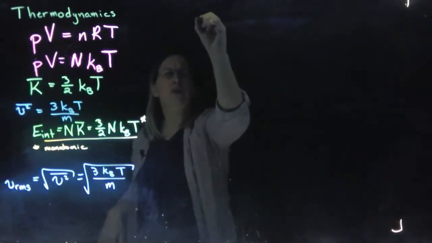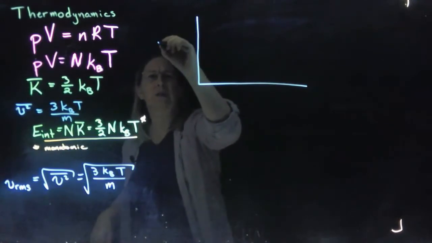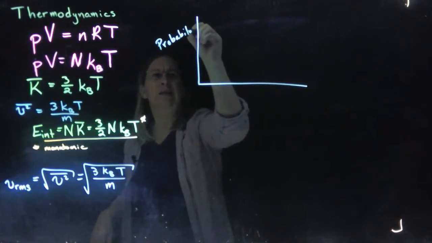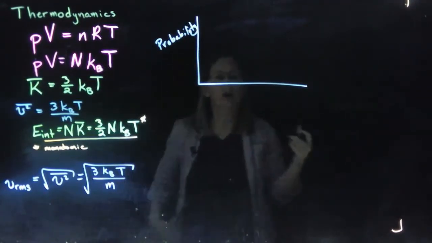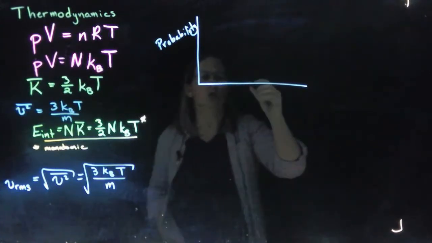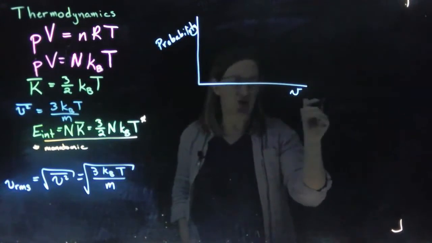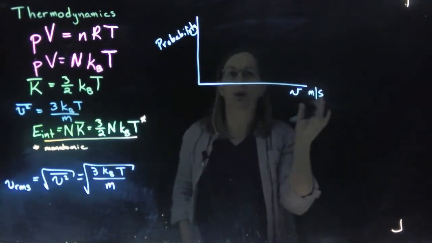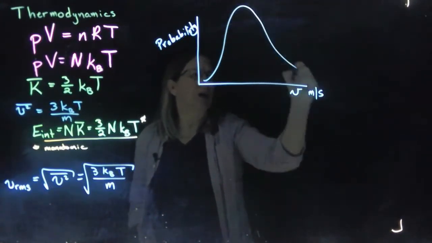And so if we're interested in the probability, just so you can get a sense of what this looks like, how likely it is to have a particular speed, we have something called a probability distribution. And this is our speed. Okay, so not our velocity, this is our speed. So it can be in any direction, right? This is just the magnitude, what the speedometer is saying. And so at one temperature, this kind of looks like this.